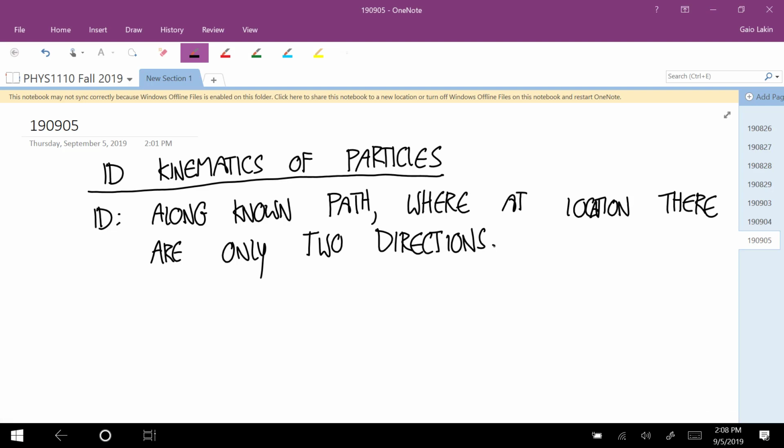So if I'm here, I can decide to go to the door, or ram into this table, or if I flap my arms hard, I can go up. So at any instant, I have more than two choices of where to go. But in one dimension, like along a line, which is going to be the most common case for us, you have two choices. You can go forward or you can go backwards. Mostly we're going to do things that involve moving along a line, but it doesn't have to be along a line.